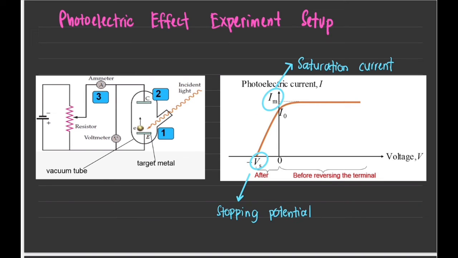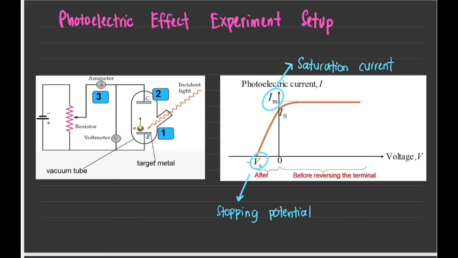Okay, when the voltage is made negative by reversing the power supply terminals, photoelectrons are acted on by a retarding force. So as V increases negatively, the current I will decrease because fewer photoelectrons have energies to overcome the retarding force.